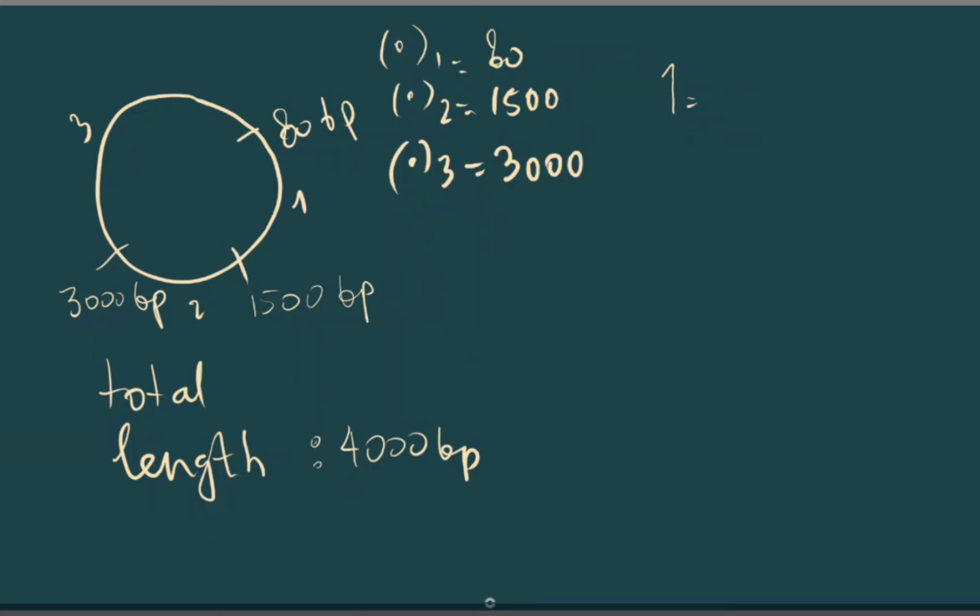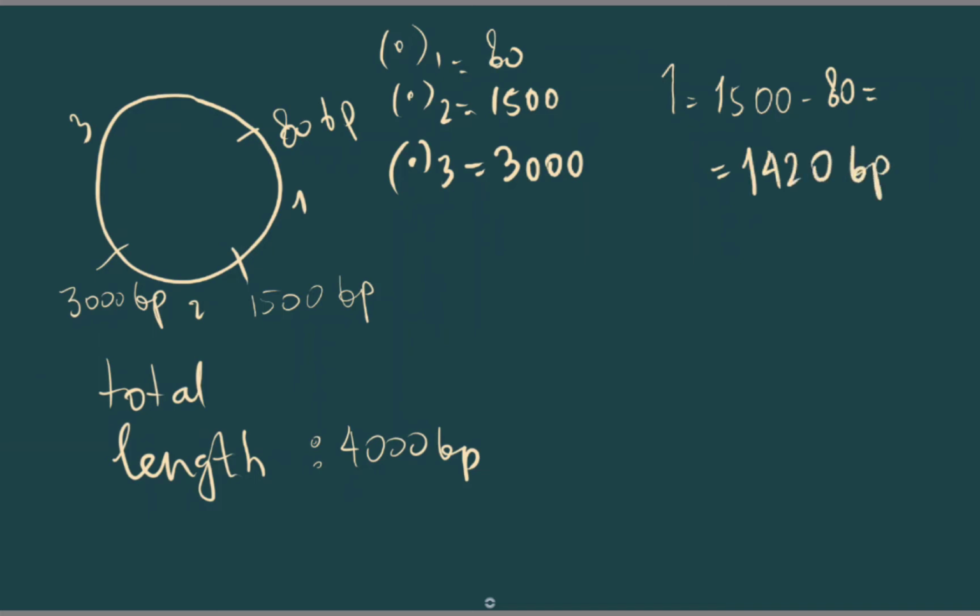So to find the fragments which are 1, 2, and 3, we just need to do simple subtraction. First will be 1,500 minus 80, and it is 1,420 base pairs long. Second will be 3,000 minus 1,500, and it is 1,500 base pairs.